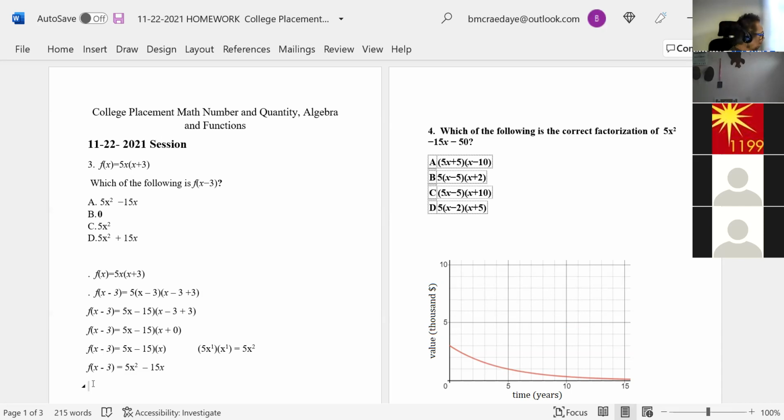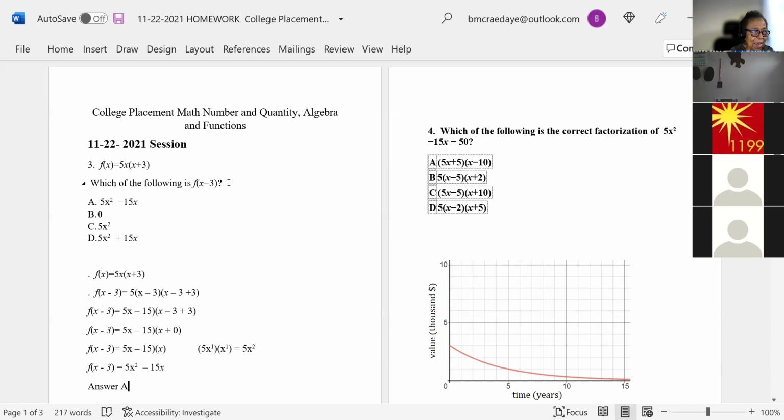Any questions on number 3? Answer A. Okay, so when you have a function, you have an input and you have an output. Your input is what is in parentheses.